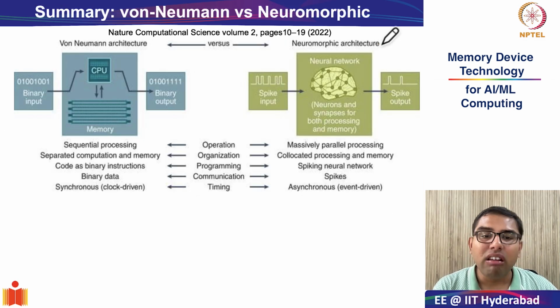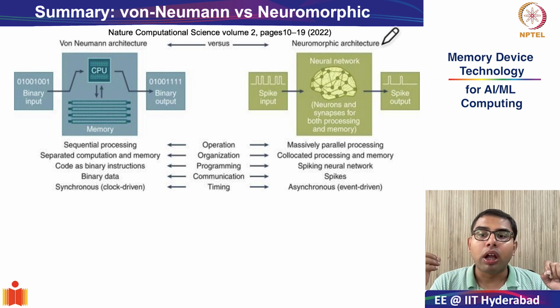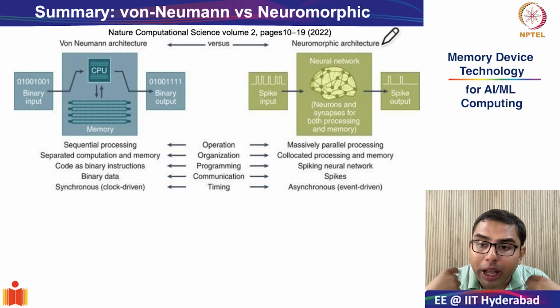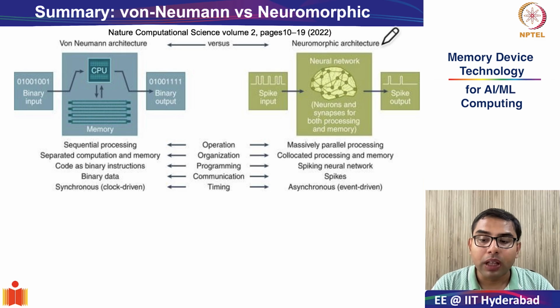So to finally conclude our discussion today, we contrasted the essential features between von Neumann computing and neuromorphic architectures, where we saw that neuromorphic architectures combine memory and computation in the form of spiking activity, by doing parallel processing and communication which happens asynchronously.